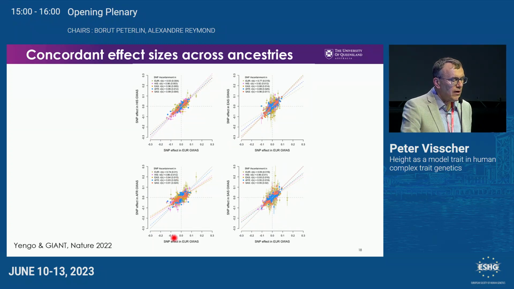So all these four graphs here have on the x-axis the SNP effects in European ancestry GWAS, and on the y-axis the lookup in a different ancestry, and they're color-coded by where the SNPs were discovered in terms of the ascertainment. For example, the top left one here is SNP effects in European versus Hispanic samples, and the correlations are all extremely high, from 0.93 to 0.99 or so.